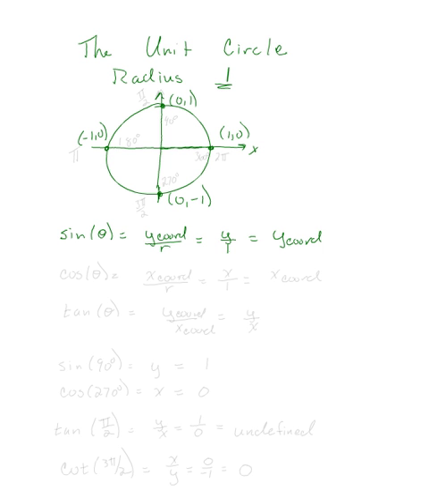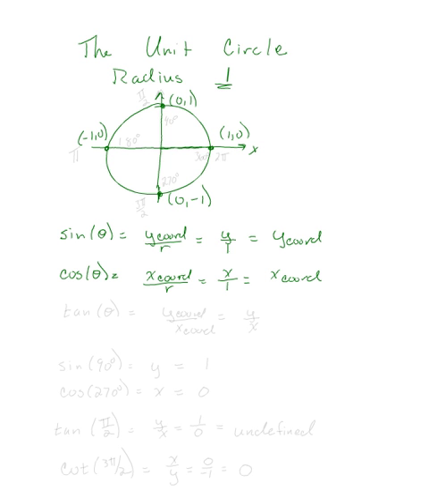So on the unit circle, we can say that the sine of theta is equal to simply whatever the y-coordinate is. Likewise, the cosine of theta is the x-coordinate over r, which would leave us x over 1, again since the radius is 1 on the unit circle, which is simply the x-coordinate.